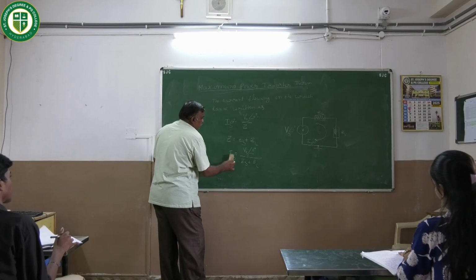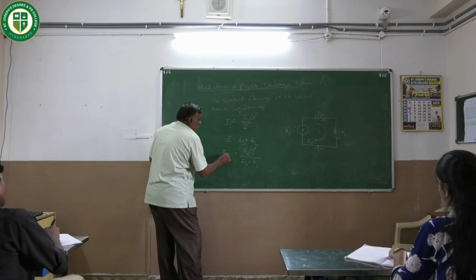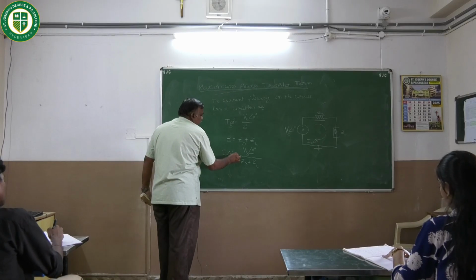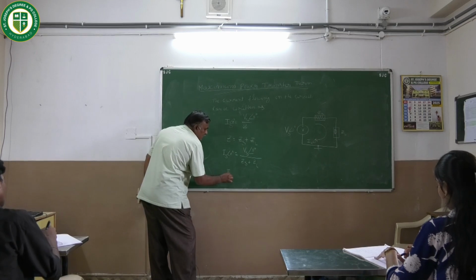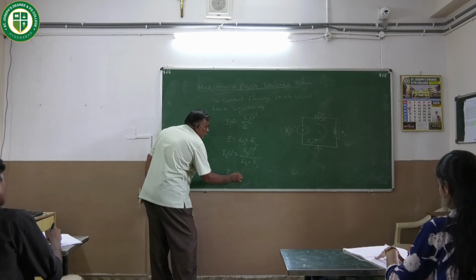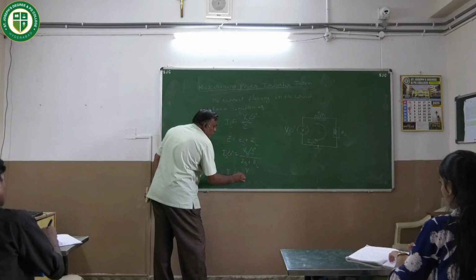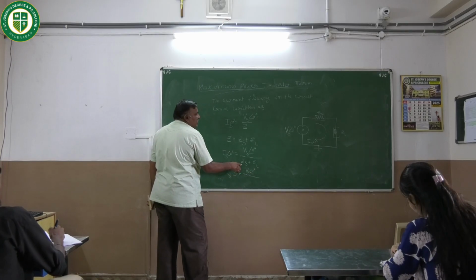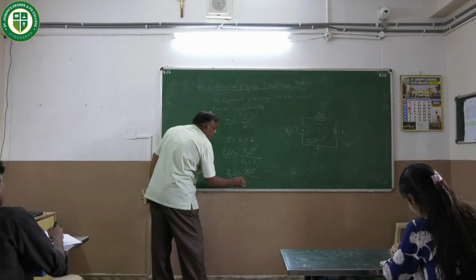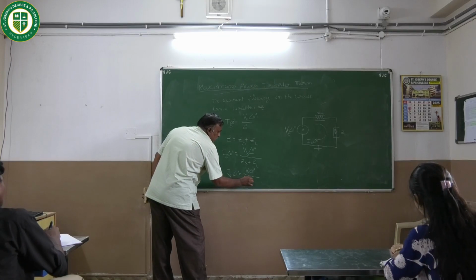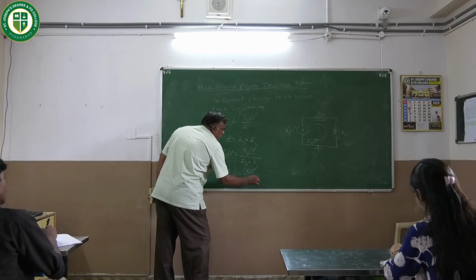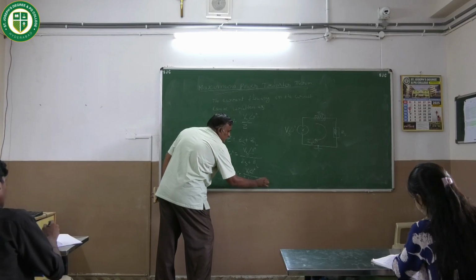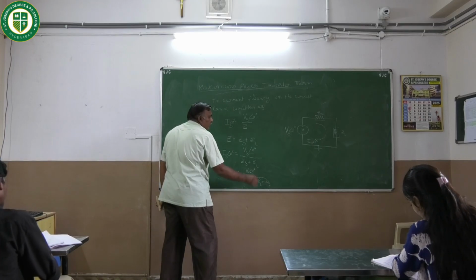So Is angle of 0 degrees is equal to Vs angle of 0 degrees by, you know that Zs is equal to Rs plus jXs, so Rs plus jXs plus RL plus jXL.